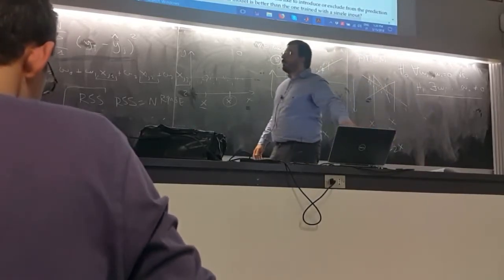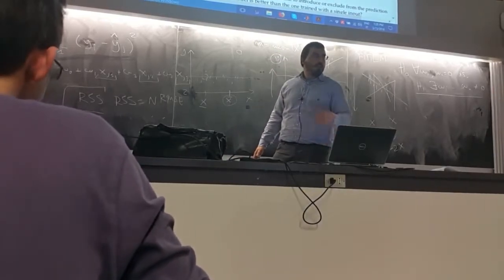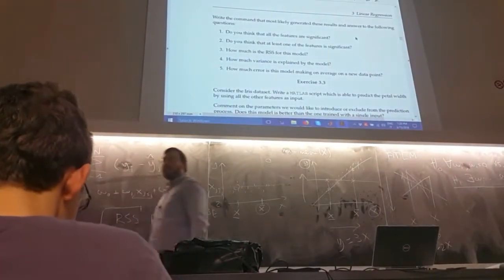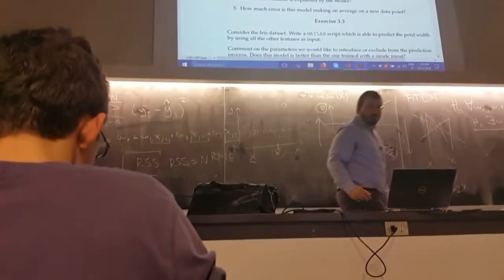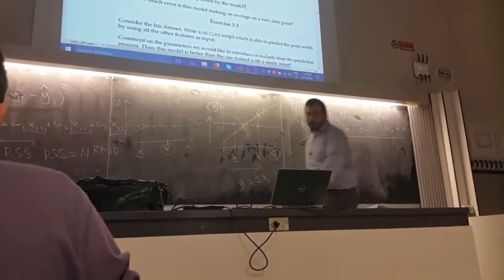Okay, so the fifth question, how much error is the model making on average on a new data point, is nothing else but the root mean square error. While for the variance explained by the model, what can we look at?